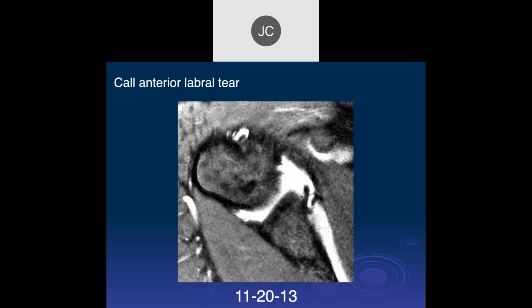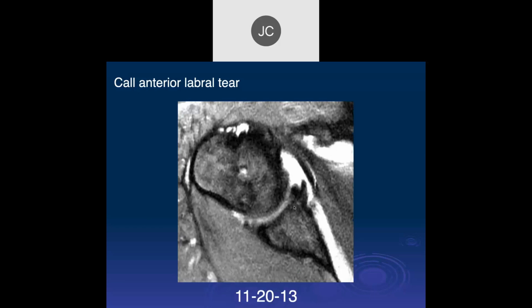This is probably the labrum coming right up to the edge of the glenoid. This is probably that anterior band of the inferior glenohumeral ligament, maybe a little middle glenohumeral ligament starting there. If we come up here, that's labrum. This is that anterior band of the inferior glenohumeral ligament that's going to be a superior insertion.